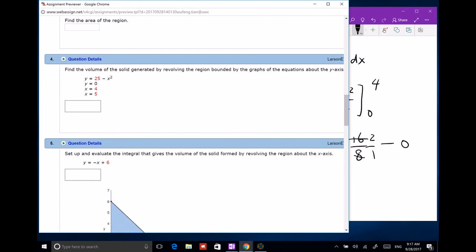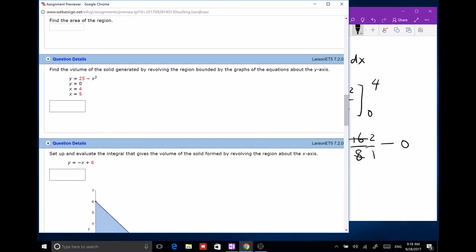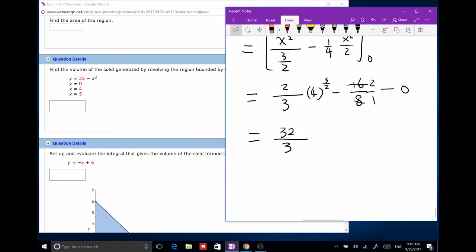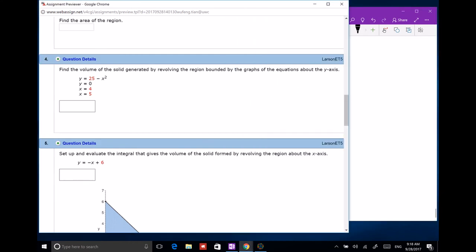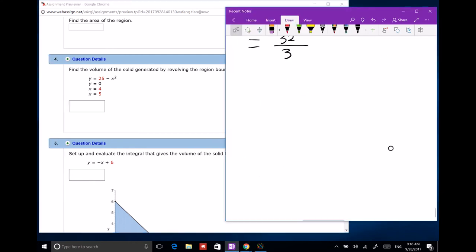Number 4, find the volume of the solid generated by revolving the region bounded by the graphs of the equations about the y-axis. So for this one you need to draw the picture first. If we draw the picture, you can see y equals 25 minus x squared.